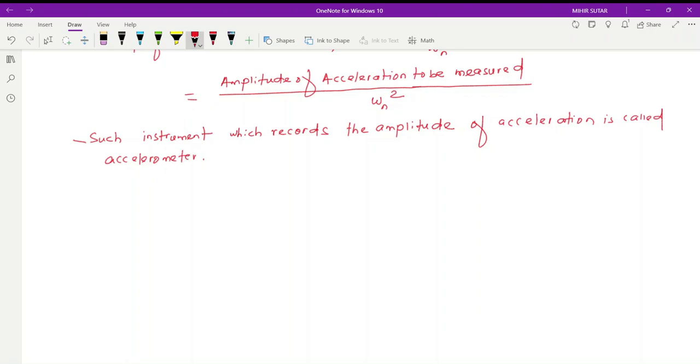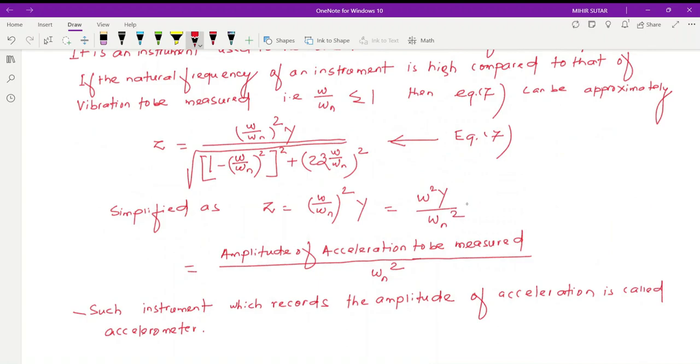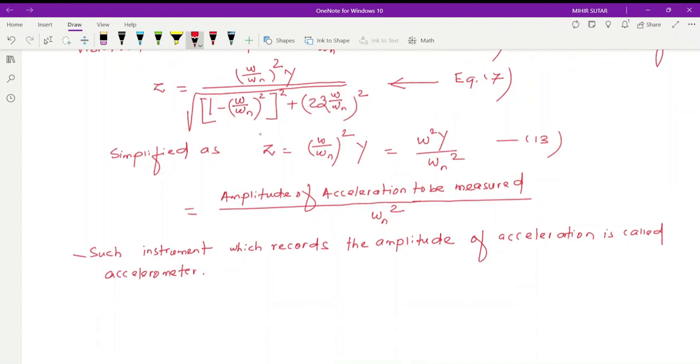Now comparing, let's say we give this equation as equation 13.